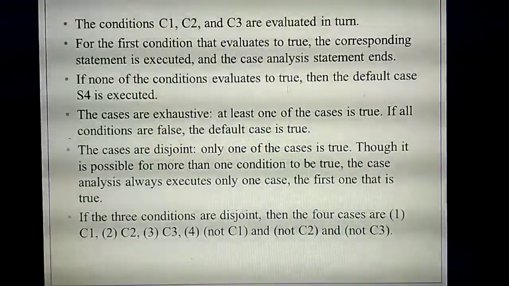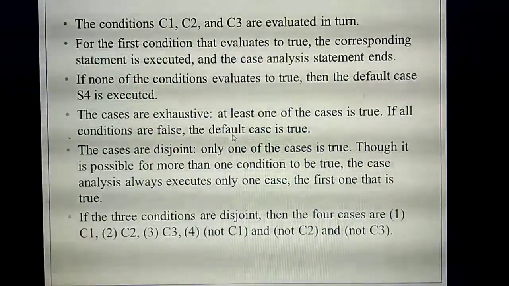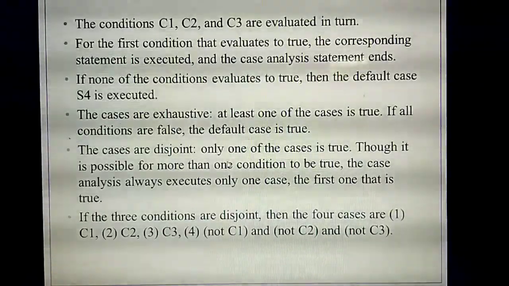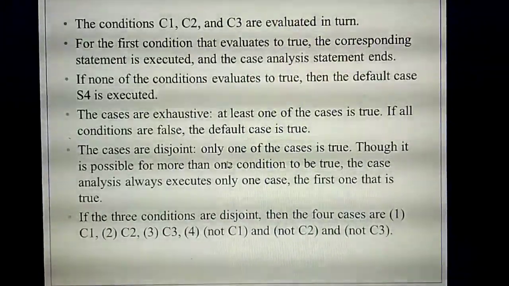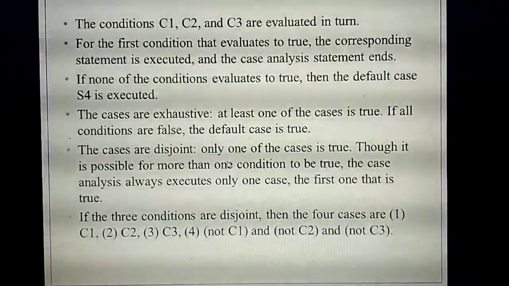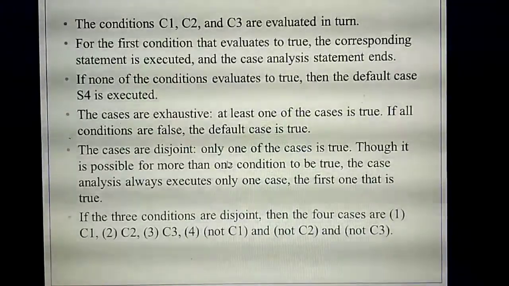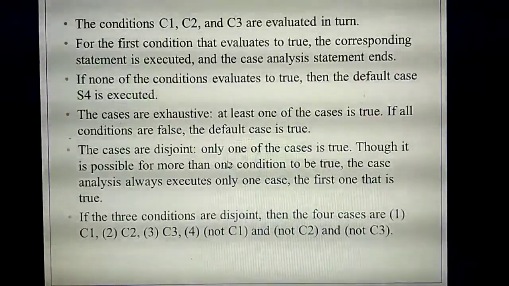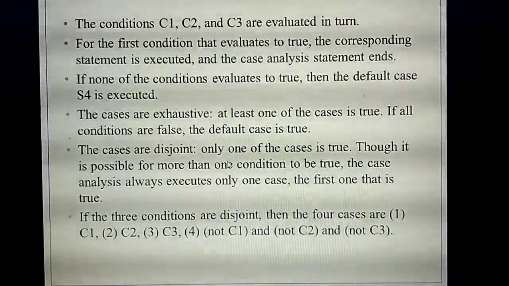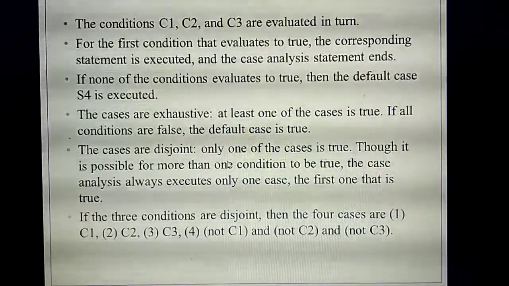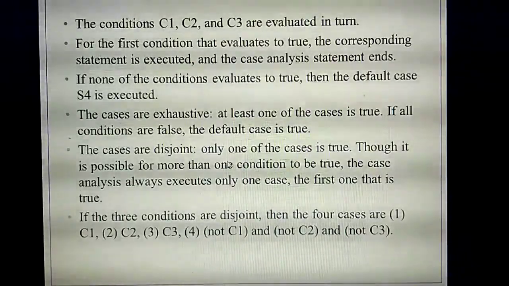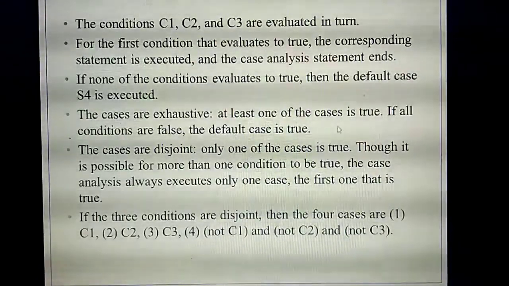That we are calling the default case. So in that example, we have given 3 cases, C1, C2, C3. Either C1 will be true or C2 or C3. If all 3 of them are false, then the else will execute. That part we are calling the default case.